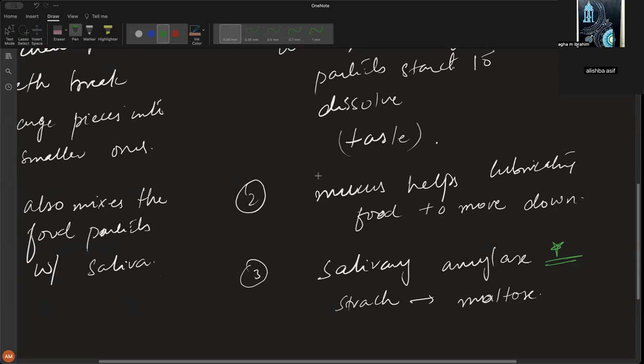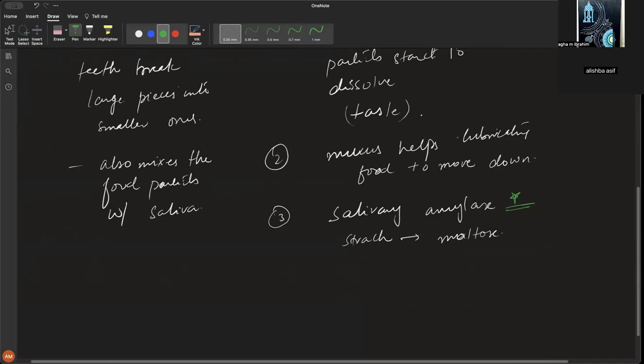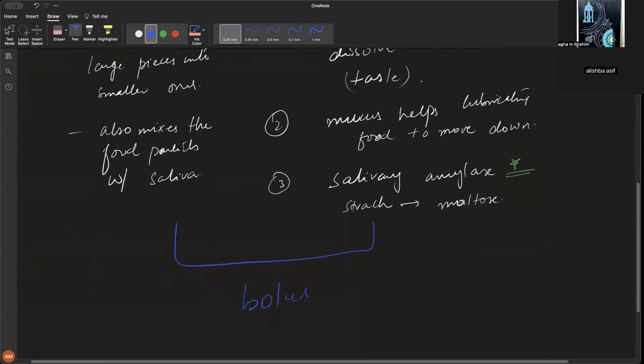This creates a bolus. These things together create bolus. Bolus is what? Food particle that has been chewed, mixed with saliva, wet, sticky, chewy food, the ball that has been created.